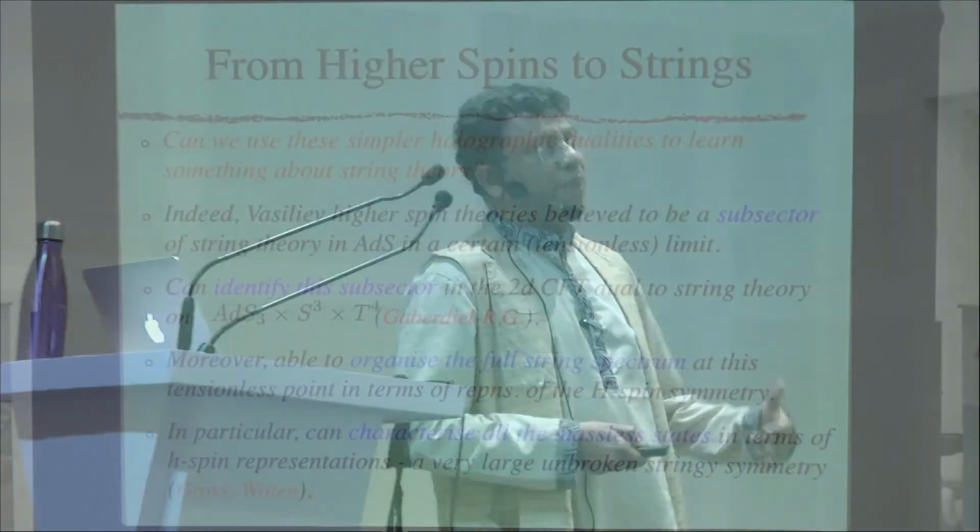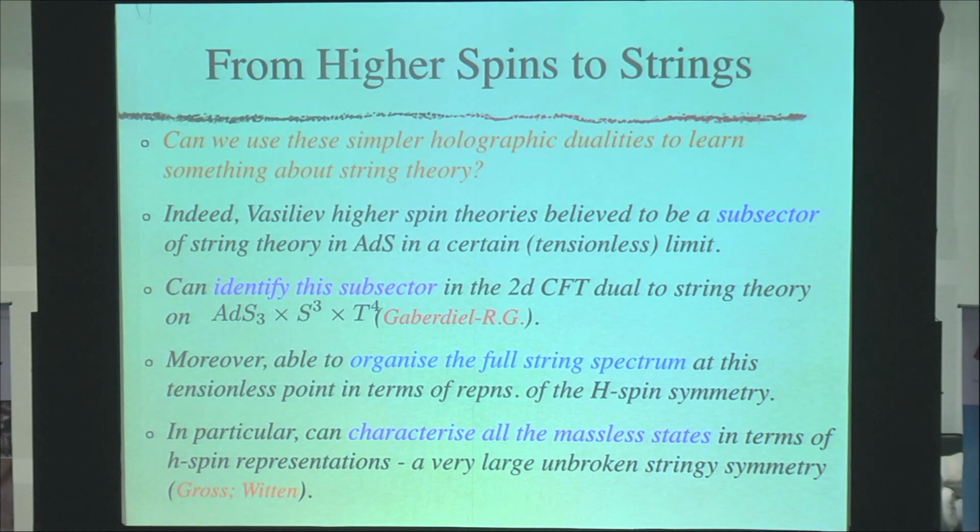symmetry generators. But there are many more in this limit in the string theory than even at the massless level. There are many more states in this vacuum compared to the Vasiliev theory, and this is a signature of a very large unbroken stringy symmetry, which had been conjectured by, among other people, David, that there's a phase where you have a large unbroken stringy symmetry, and you indeed see that there is this stringy symmetry.